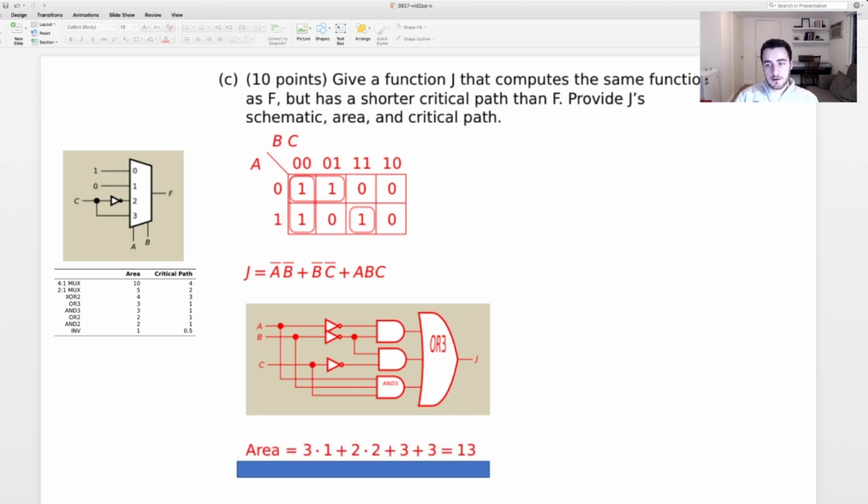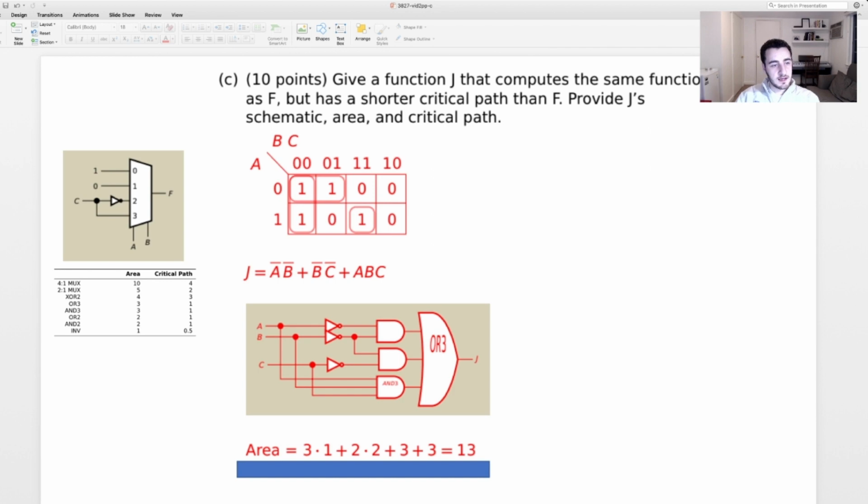We then need to compute the critical path, the slowest path this can actually take. There are two possibilities here. One is that it goes through an inverter, then through an AND gate, and then through an OR gate. The other is that it goes straight through the 3-input AND gate, which could potentially be slower, and then it goes through the OR gate.